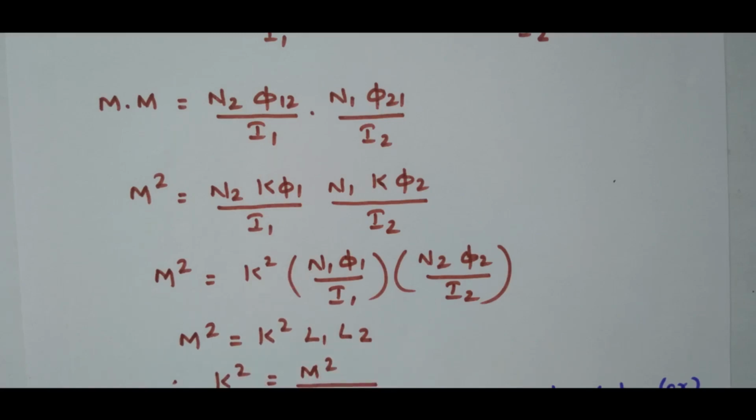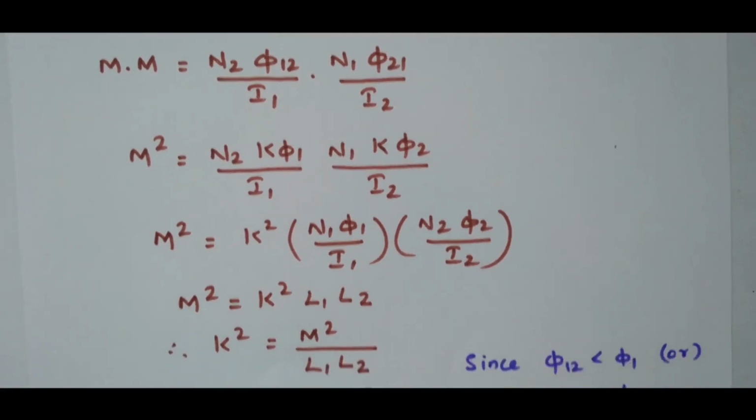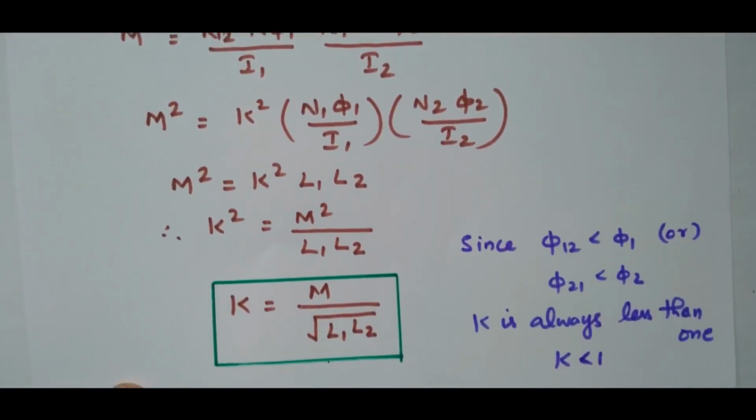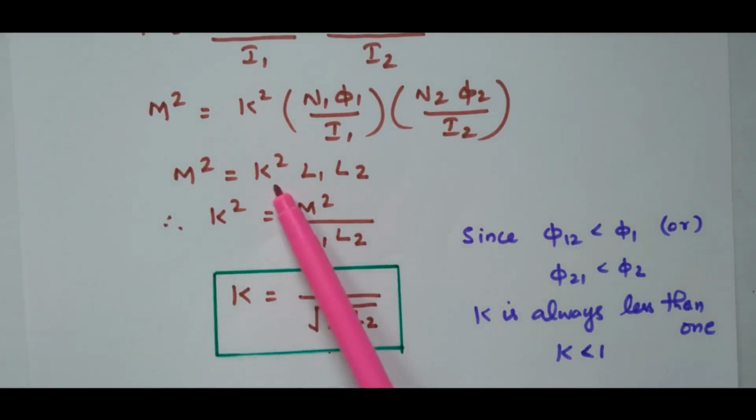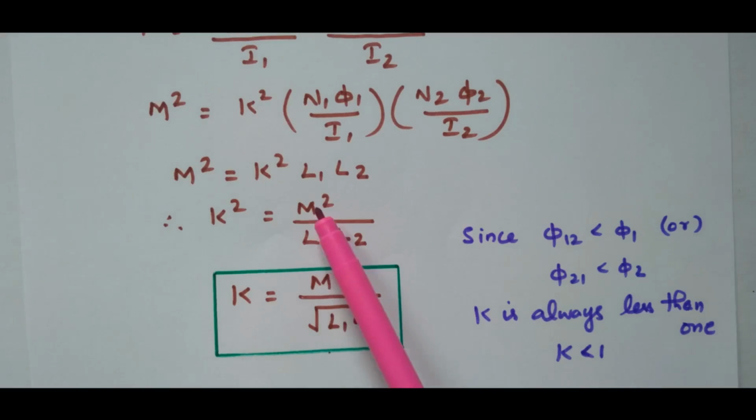Bring this term to the denominator, so K square equal to M square divided by L1 L2. By taking the square root on both sides, K equal to M divided by the square root of L1 L2. So this is the expression for the coefficient of coupling.